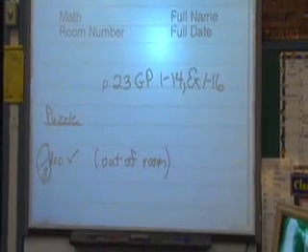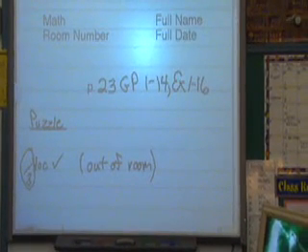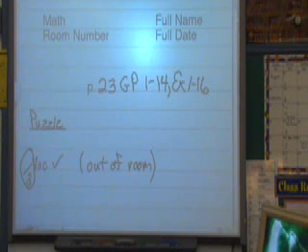Is it taping? Okay. We're on page 23 and we're doing guided practice 1 to 14, exercises 1 to 16. Let's start with Charlie. What are the directions for number 1 and 2 on page 23?